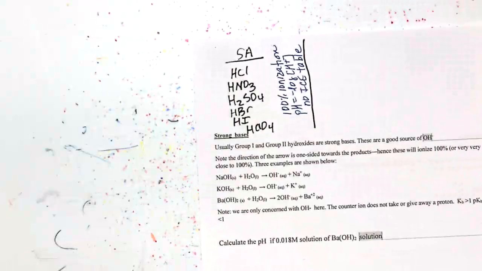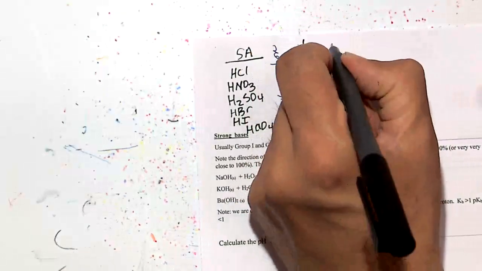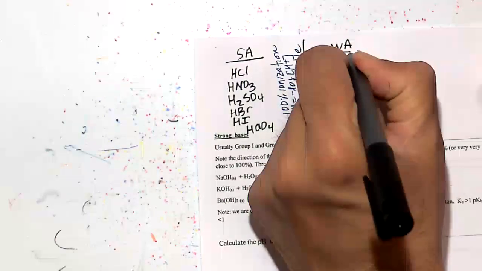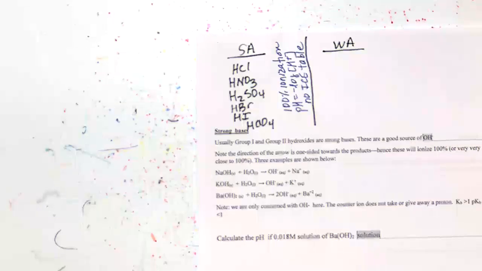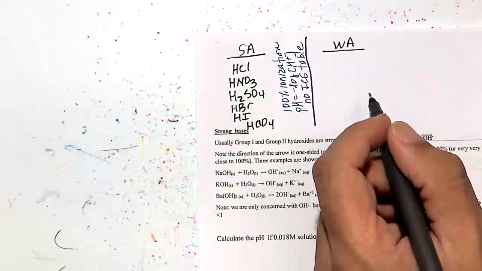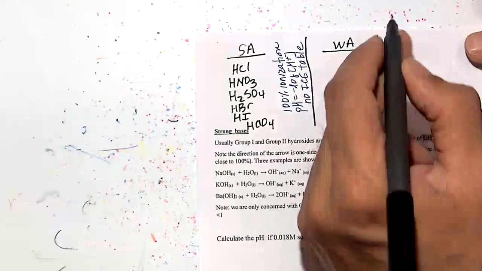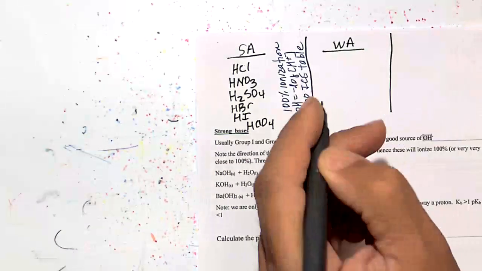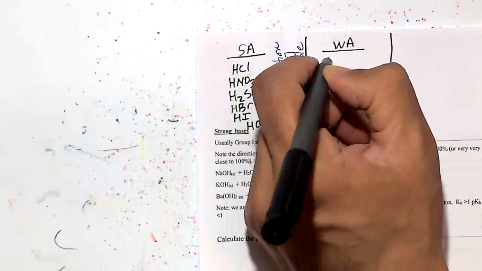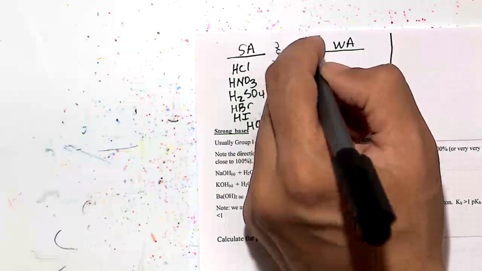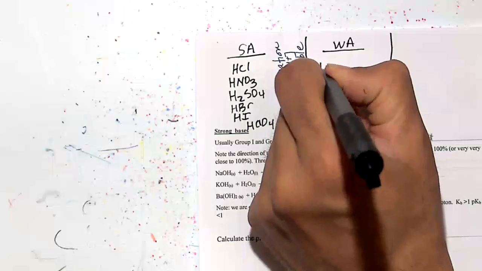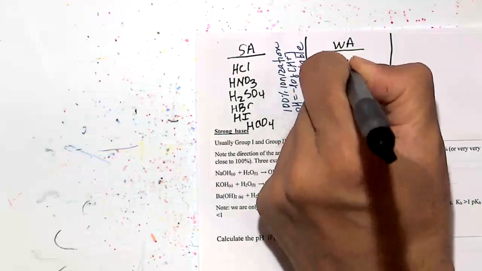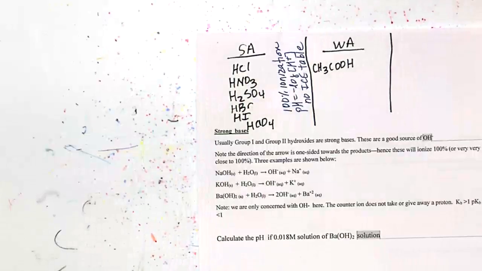Okay, what are our weak acids? Everything else. So let me give you a classic weak acid, a stereotypical weak acid, and that would be acetic acid. Anybody, have you heard of acetic acid?